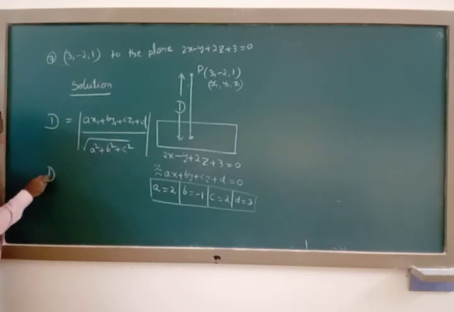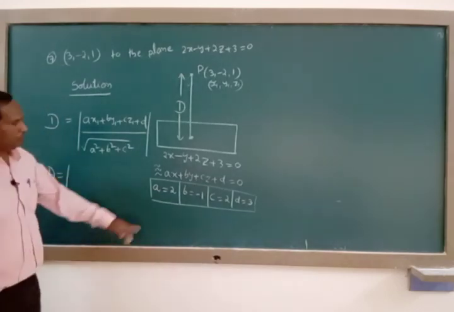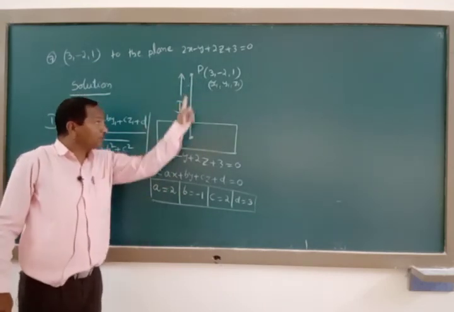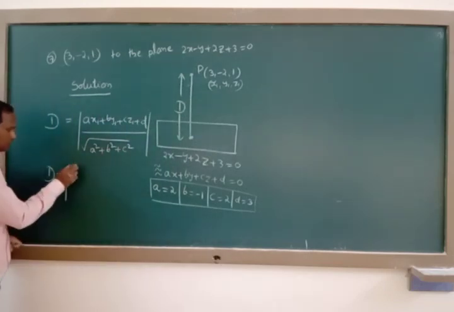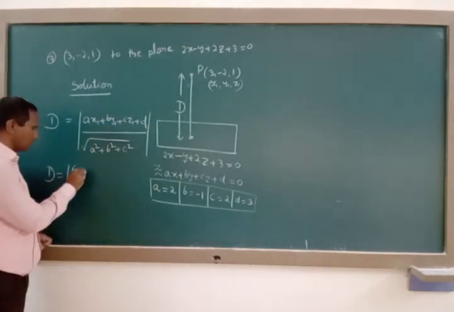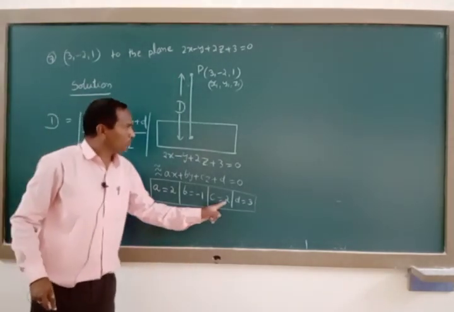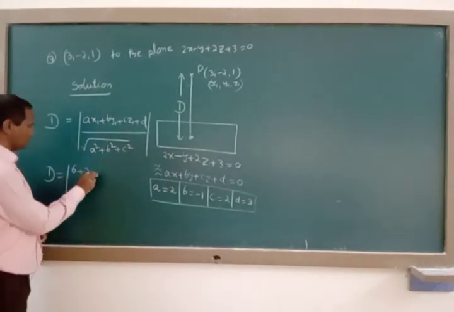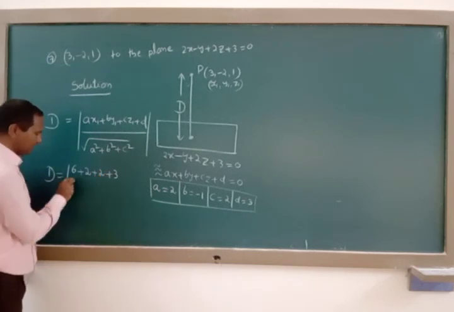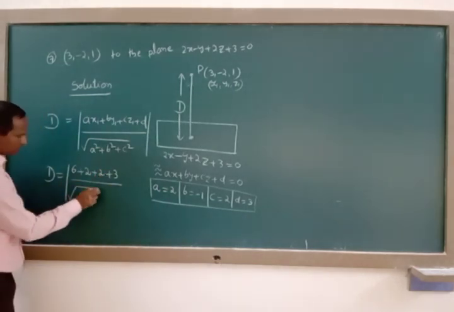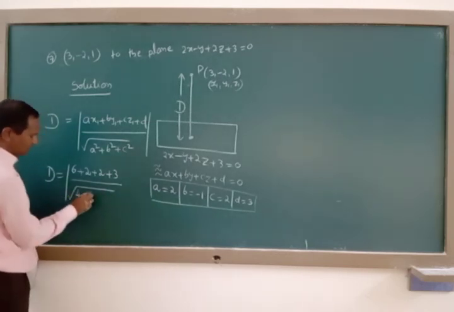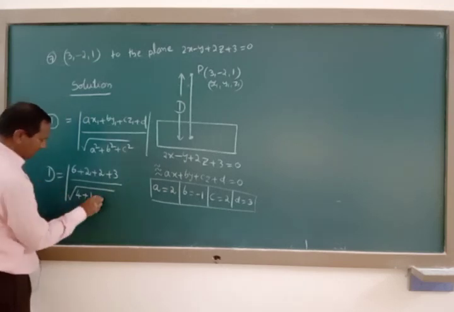Then D is equal to, applying all the values, 2 into 3, that is 6, plus minus 1 into minus 2, plus 2 into 1, plus d value 3, whole divided by square root of a square 2 square 4, plus b square minus 1 whole square 1, plus c square 4.